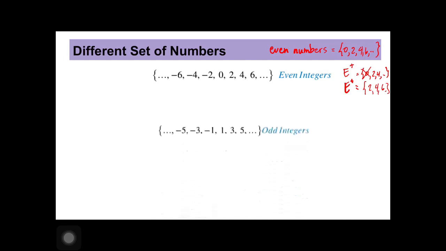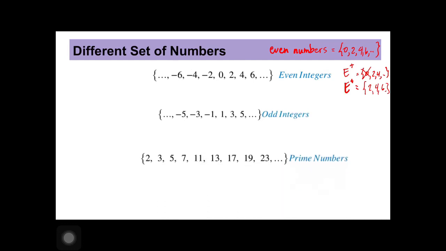Next, odd integers. So it's the same. Odd integers, what does this mean? When you divide a number by 2, the remainder is 1. So 3 divided by 2, it's 1, remainder 1. So that's odd integers. So you can review this set of numbers and then you can translate it into Thai in order for you to understand it more.